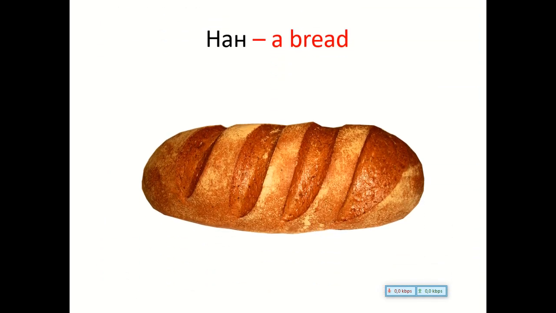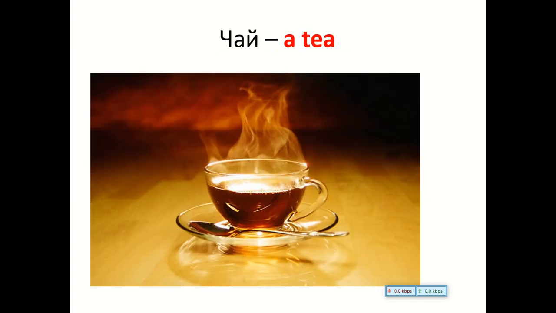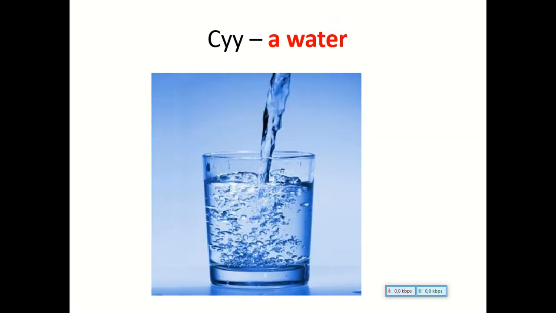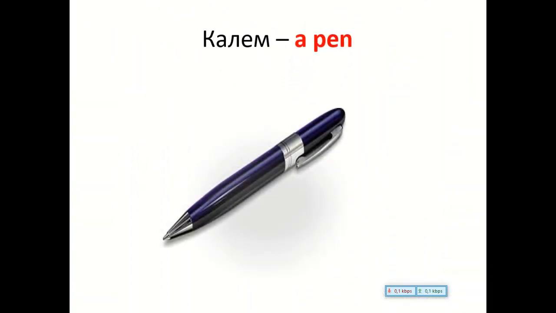Nan, a bread. Çay, a tea. Muğalim, a teacher. Su, a water. Kalem, a pen.